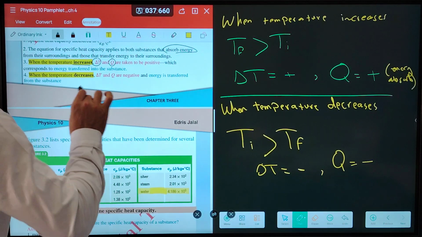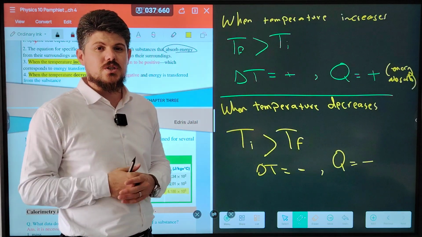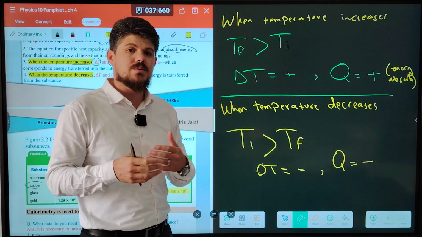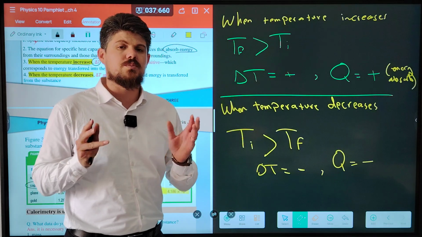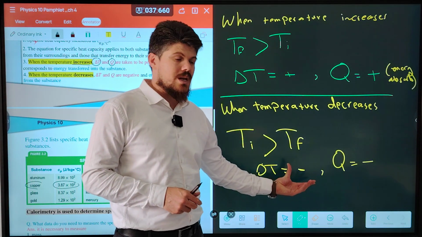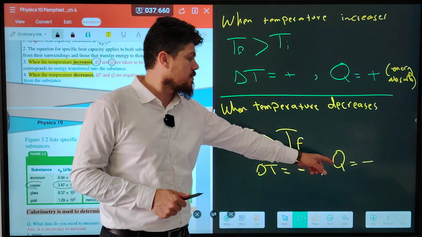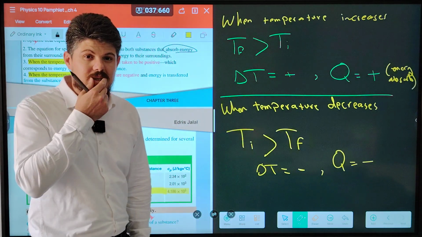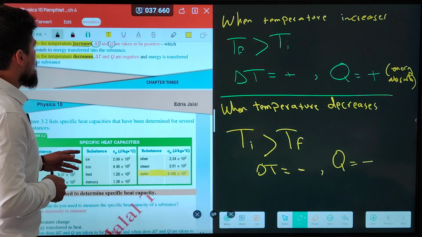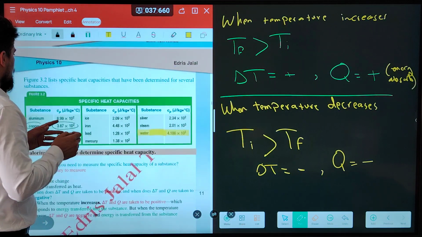When T initial is bigger than T final, it means that the object releases energy as heat. When the object or substance releases energy as heat, its temperature decreases. So in this case, delta T is negative and Q is considered to be negative. The negative sign for Q indicates that energy is released by the substance, energy transfer from the substance.